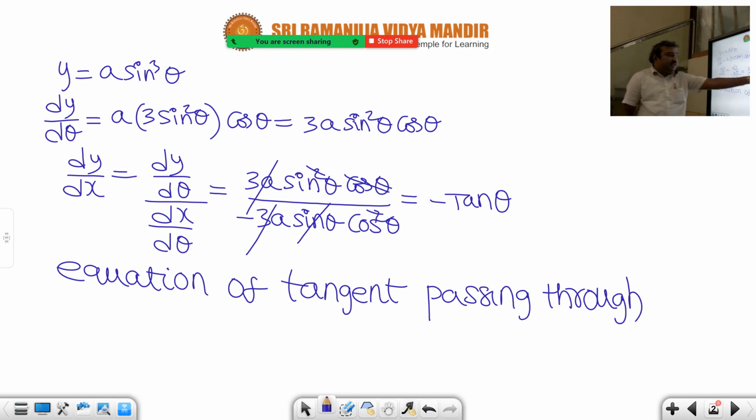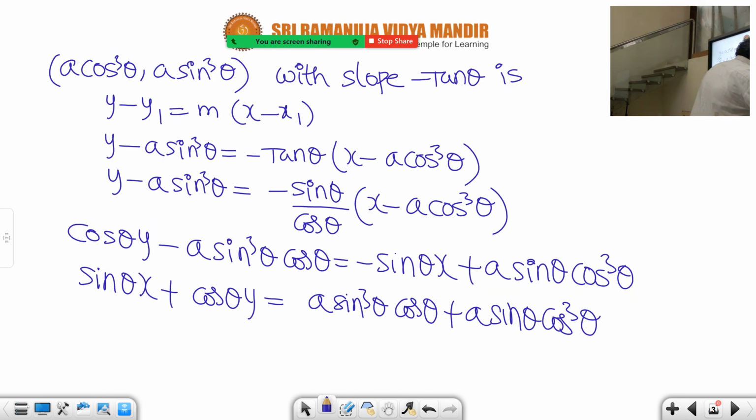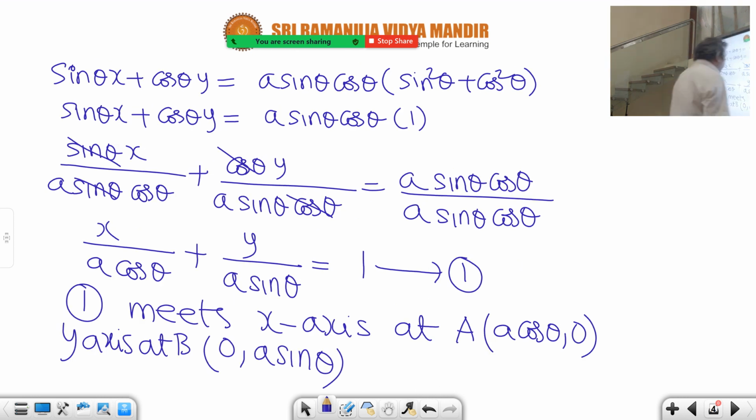Here it is minus tan theta. And after that, calculate the equation of the tangent with the help of point and slope. So point and slope means y minus y1 is equal to m into x minus x1. So after all continuation and simplification, you will get the tangent equation in intercept form.